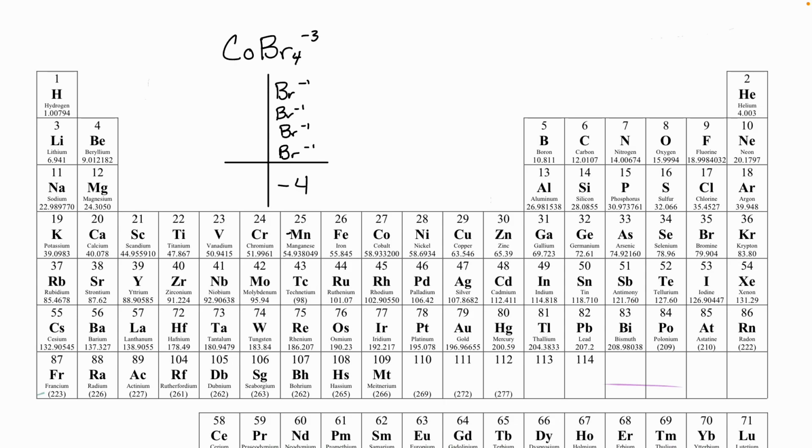And what are the sum of my oxidation states in this compound going to equal? That net charge, that -3. Right? So if I got 4 bromides together, that's -4. If everything sums up to -3, what's going to go here? +1. Right? 1 minus 4 is -3. So that means my cobalt has an oxidation number of +1.